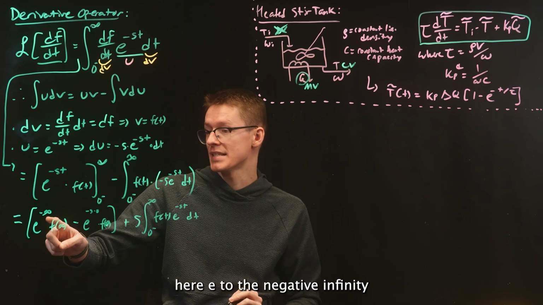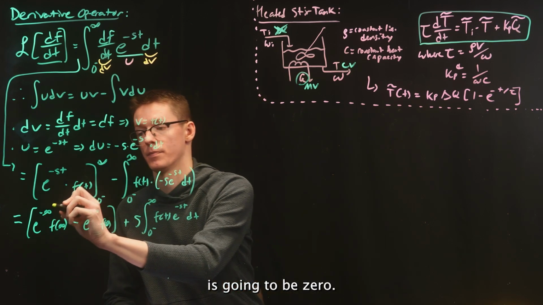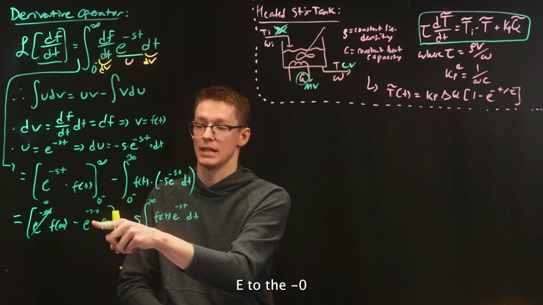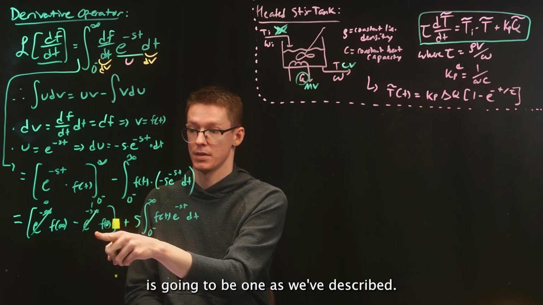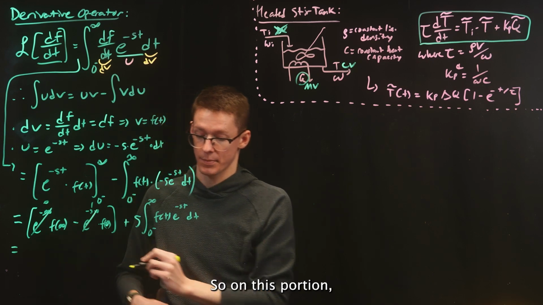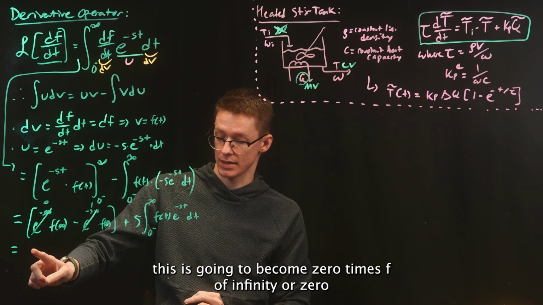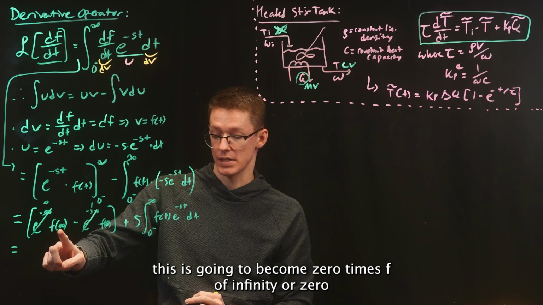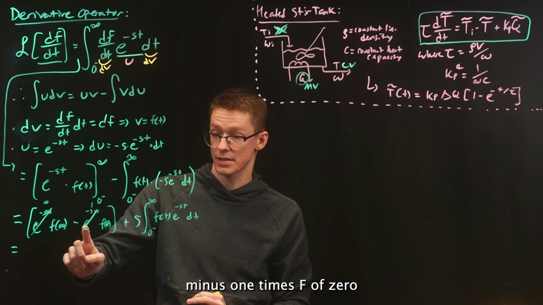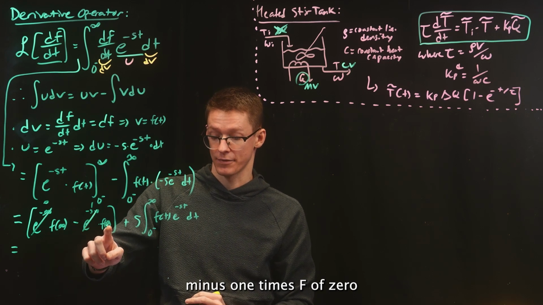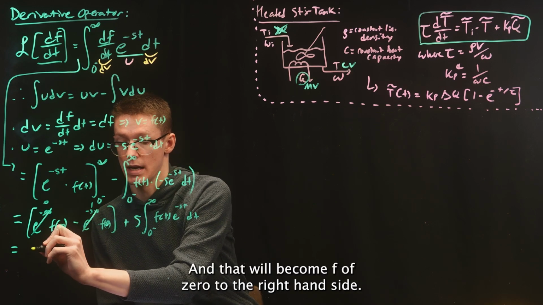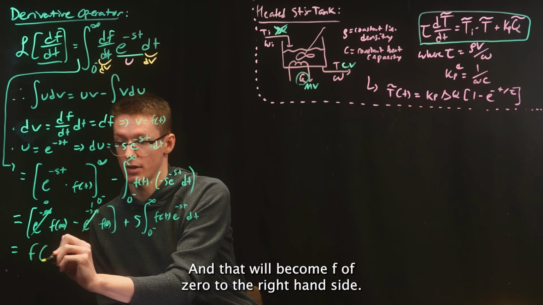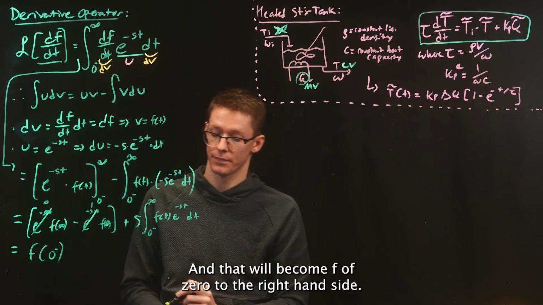Here, e to the negative infinity is going to be 0. E to the negative 0 is going to be 1, as we've described. So on this portion, this is going to become 0 times f of infinity, or 0, minus 1 times f of 0 on specifically the left-hand side, and that will become f of 0 on the right-hand side.